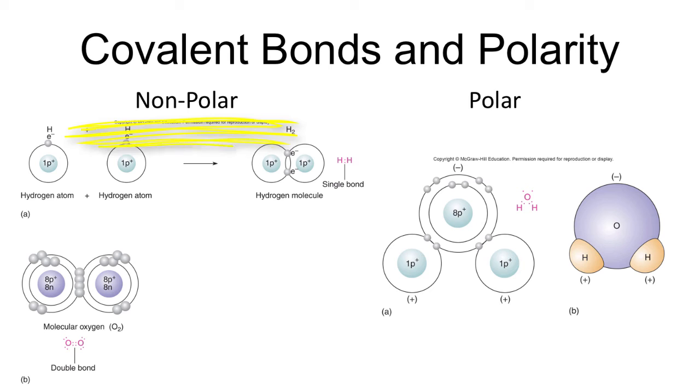So again, to review, nonpolar means the 2 atoms are either the same or very similar in electronegativity. A polar molecule means the atoms are different in terms of their electronegativities. All covalent bonds means that they're sharing electrons.